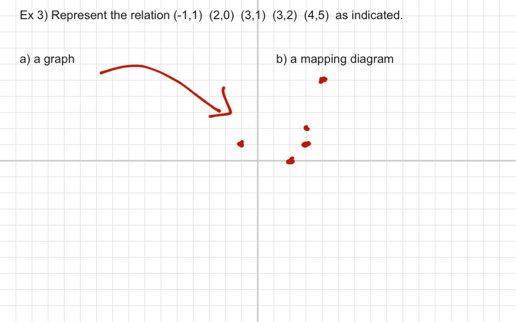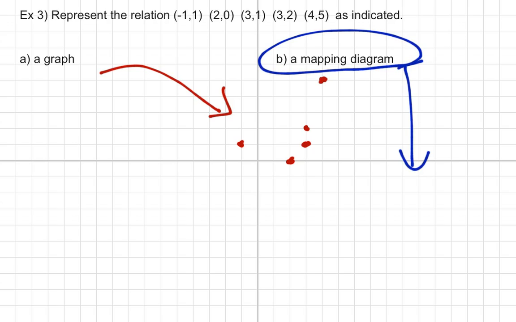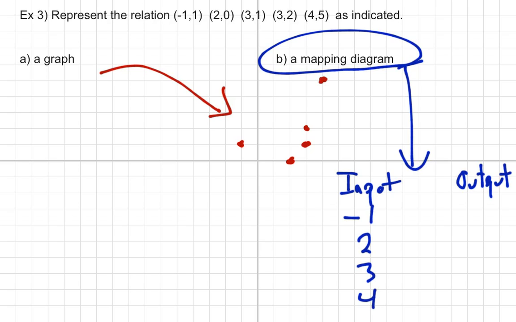Okay, the second thing they're asking us to do here is a mapping diagram. I'll do the mapping diagram down here because it has a little bit more room. Again, all they're really asking us to do is write down our input numbers and then write down our output numbers. It's just a little different how they want us to list it. Our input numbers are -1, 2, 3, and 4. We're just listing our x's.